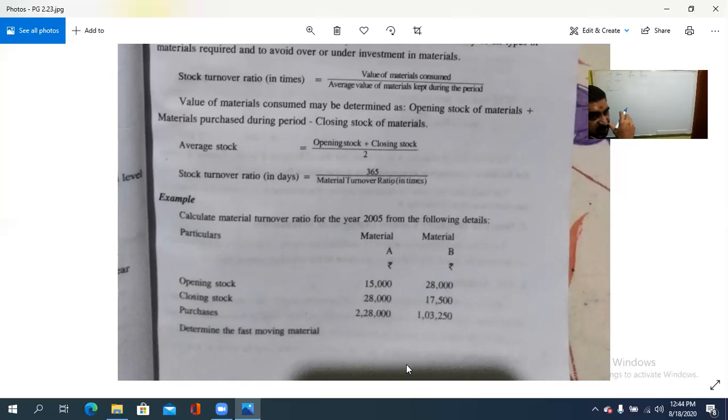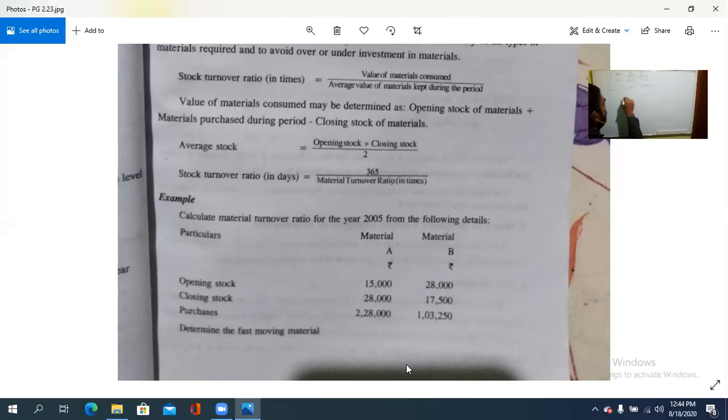For B, 28 and 17,500. For C, purchases are 228 and 103,250.